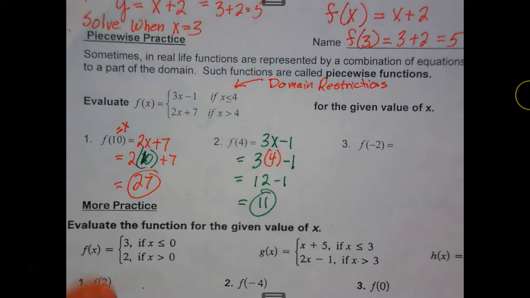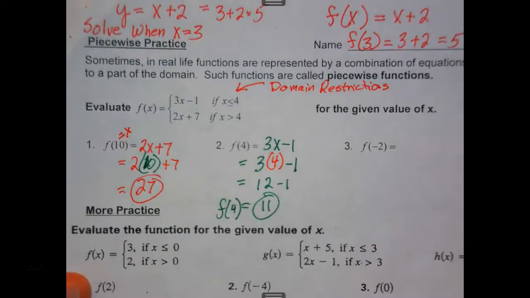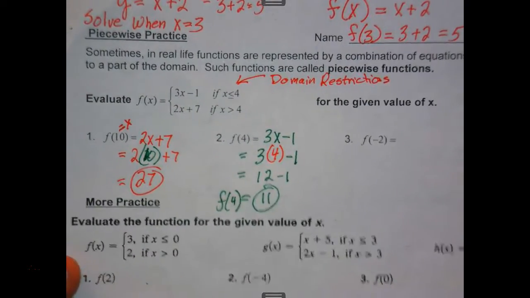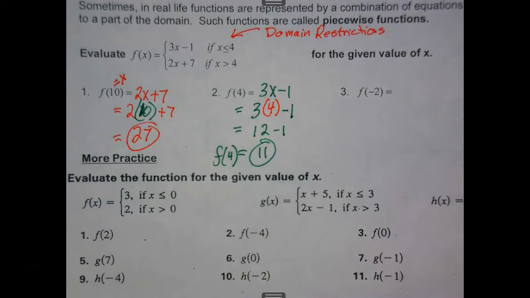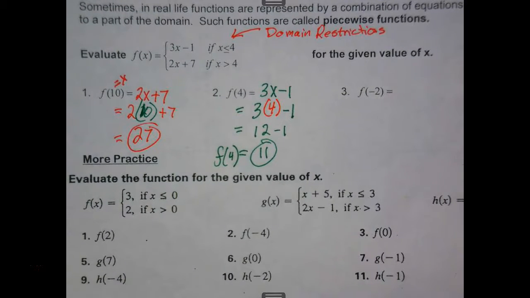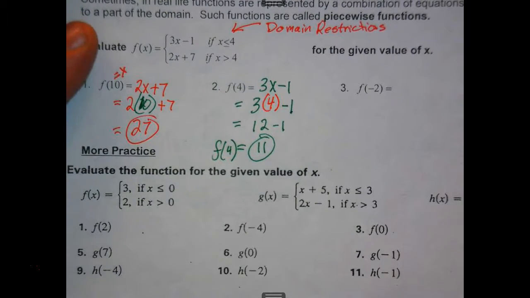You should write it f of 4 equals 11, but for this course, I'm not going to require it. For your next course, you have to, otherwise it will be marked wrong. I would get in the habit if you're going to go on to mathematics.